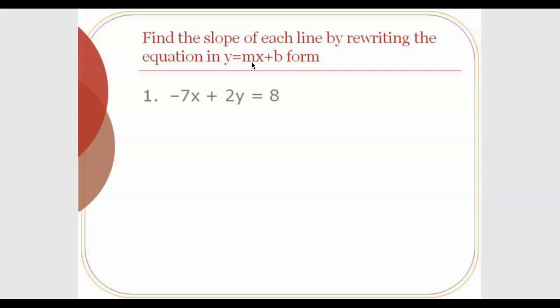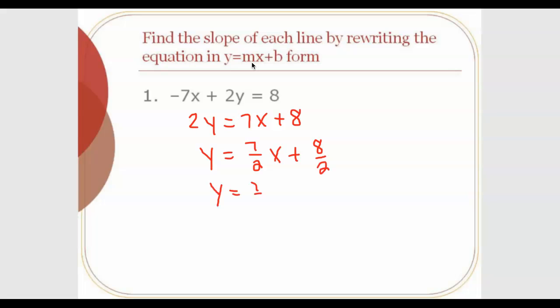So we're going to add 7x to both sides, and then divide by 2. So we get y equals 7/2 x plus 4.